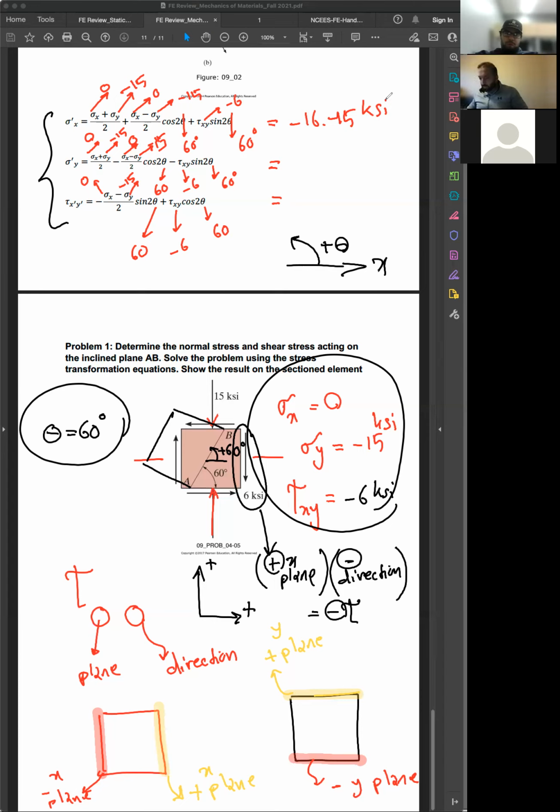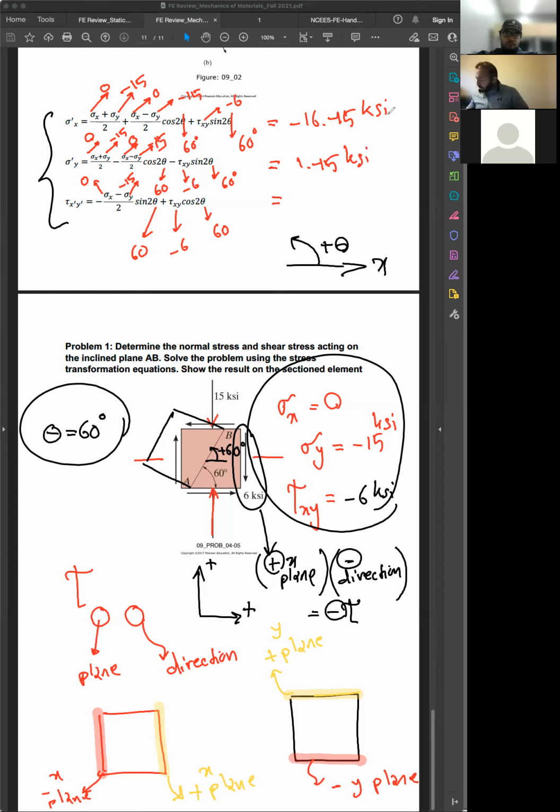What about the second one? Negative 15 over 2 minus 0 minus 15, which would be plus 15, times cosine of 120 over 2, minus 6 times sine 120 would be 1.45 ksi.